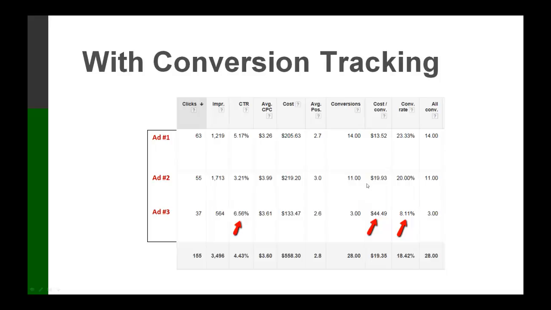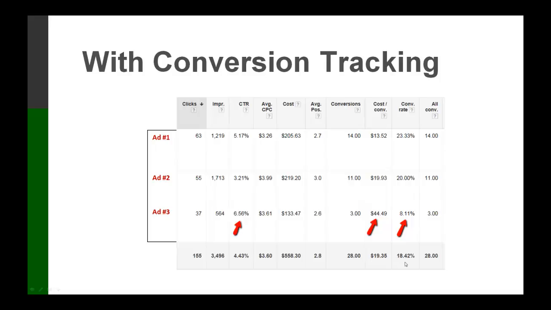And the conversion rate, the percentage of times an ad converts, the number of clicks versus the time they actually decide to contact you, is pretty good too, because 23% and even 20% on ad number 1 and 2 are well above our average conversion rate.